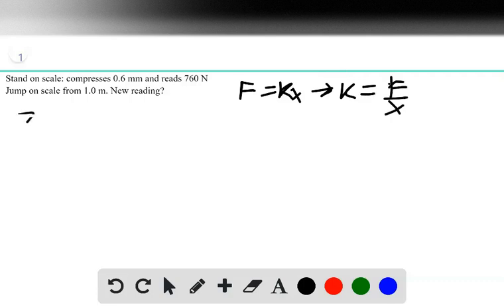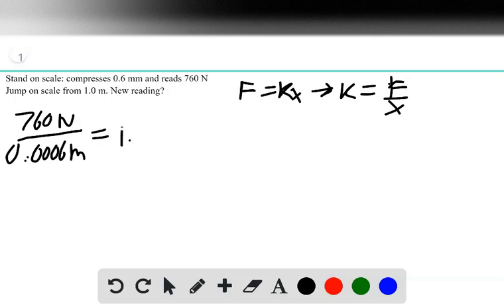We're given 760 newtons over 6 millimeters, which is going to be 0.0006 meters. And that will give you a spring constant of 1.27 times 10 to the 6th newtons per meter.